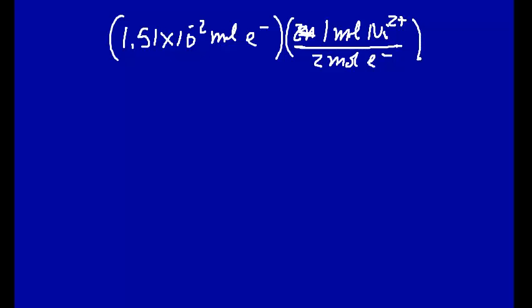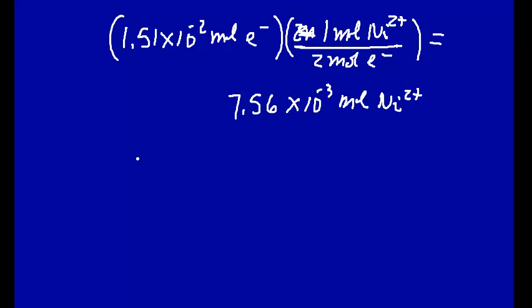So the mole of nickel, we just divide this number by 2, it's 7.56 times 10 to the minus 3 mole of nickel 2+ that we're going to reduce.